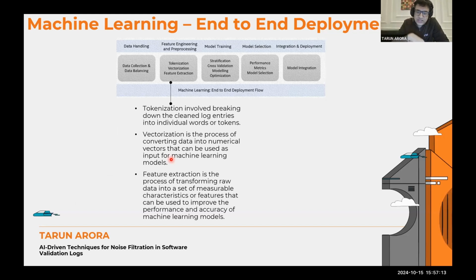Machine learning does not understand natural languages. Now, the bigger question is why we are talking about natural languages, right? The reason is that most of the time these logs are generated as natural language, right?